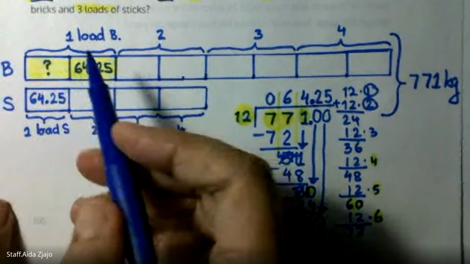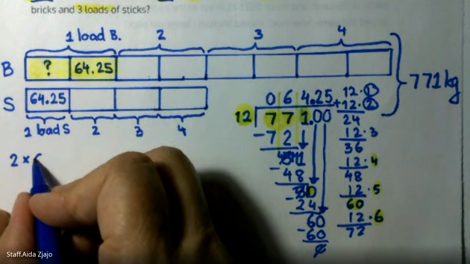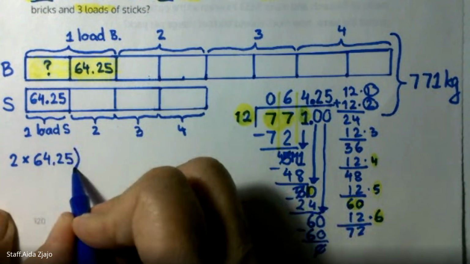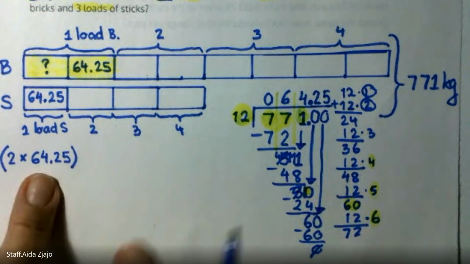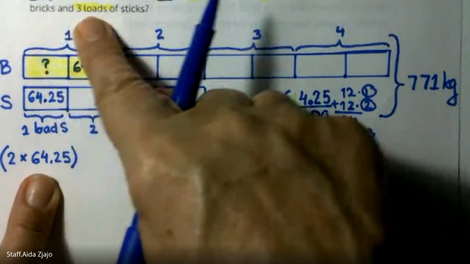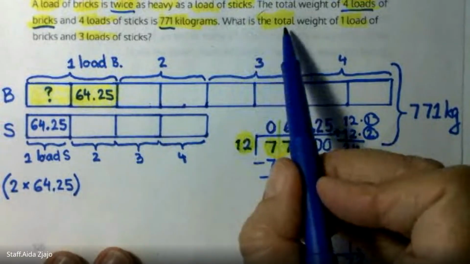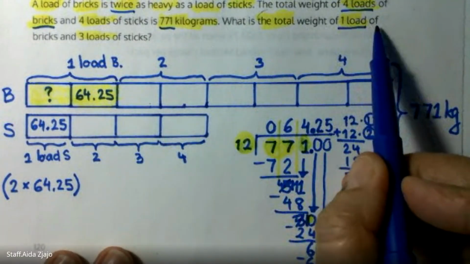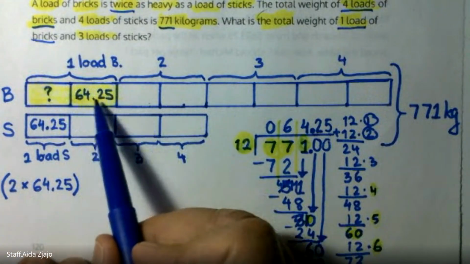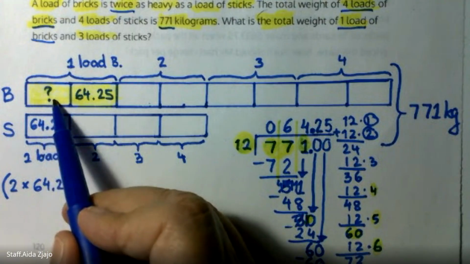So two of them, it's like 2 times 64 and 25 hundredths. That is one load of bricks. And then, sorry, you can see the question is, what is the total weight of one load of bricks? This is one load of bricks, 64.25 plus 64 and 25 hundredths.